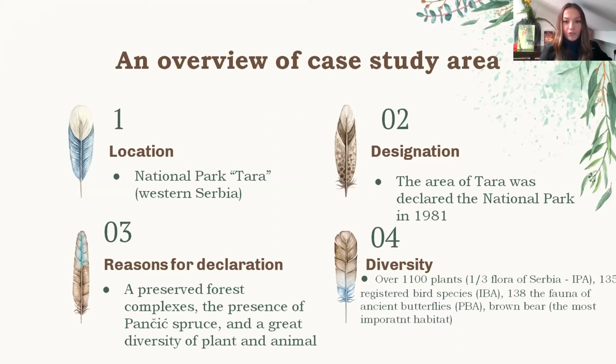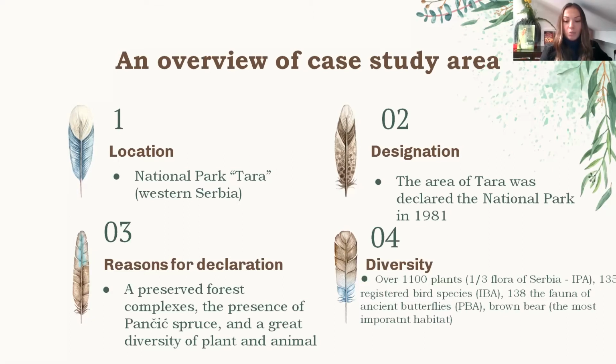Well-preserved forest complexes, the presence of Pančić spruce as an endemic species, and a great diversity of plants and animals. Because of this great diversity, Tara has several international statuses like IPA, IBA, and PBA. There are over 1,100 plants, which represents a third of the flora of Serbia.